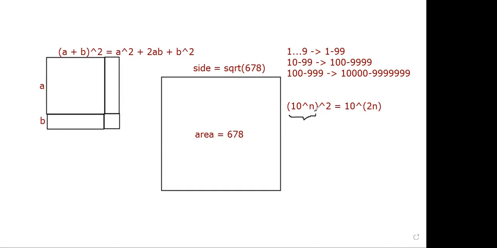Basically this thing is an n plus 1-digit number, and this is a 2n plus 1-digit number.